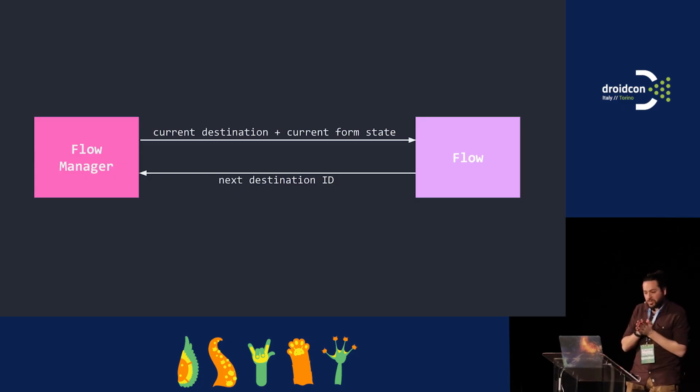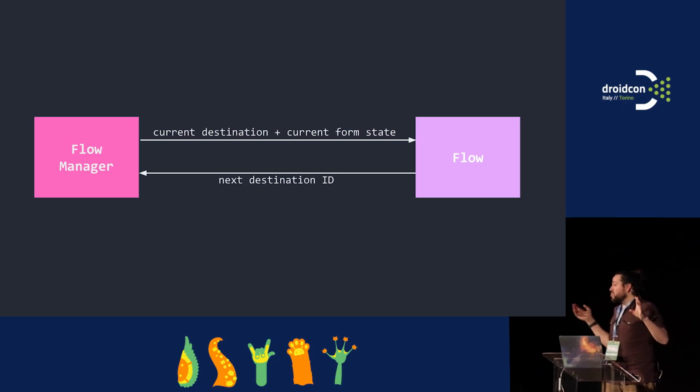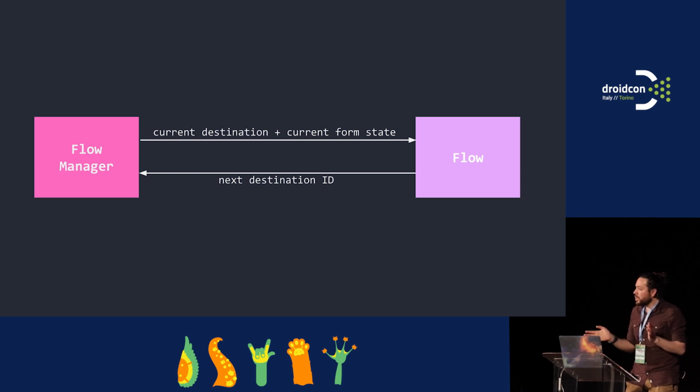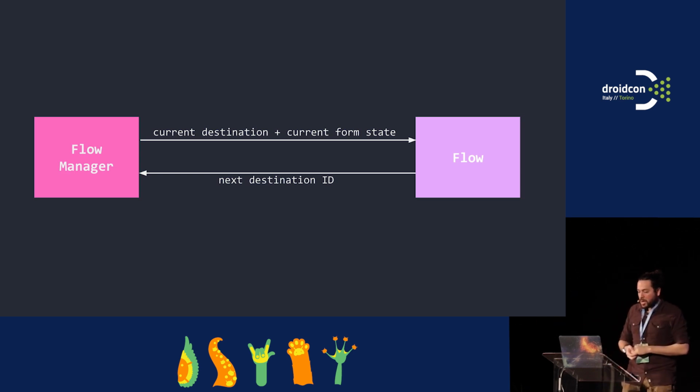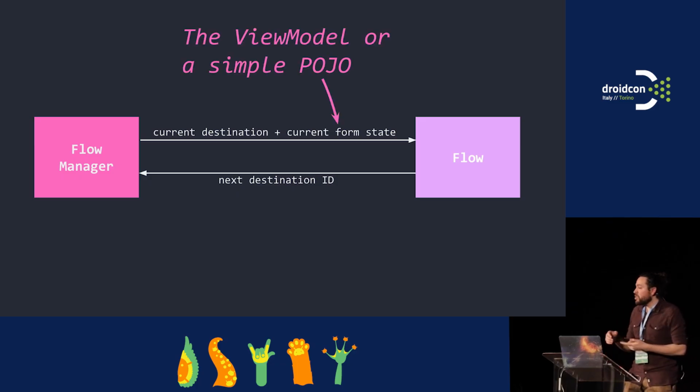So what we decided to do in this case is that behind our flow manager, we will have something that we called a flow, but again, you can call it the name you want. I don't really care. That's a flow that will be defined there. It will receive the current destination, and then an object containing the current state of the navigation.